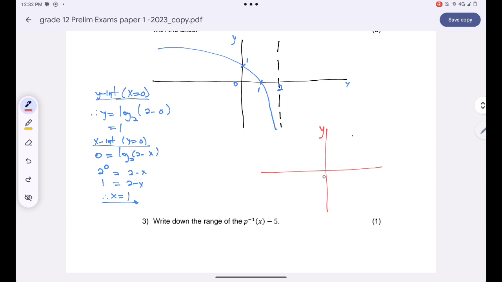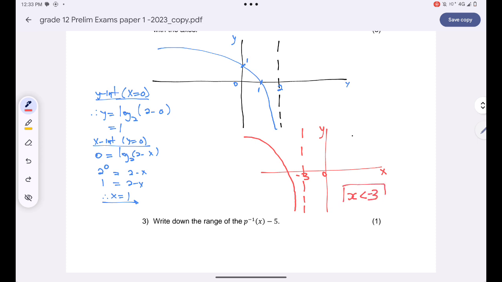I'll have y, 0, and x-axis. If I'm translating the graph, guys, 5 units to the left, the asymptote will be over here when x is equal to negative 3. And then the domain of my graph, I'll simply say x less than negative 3.